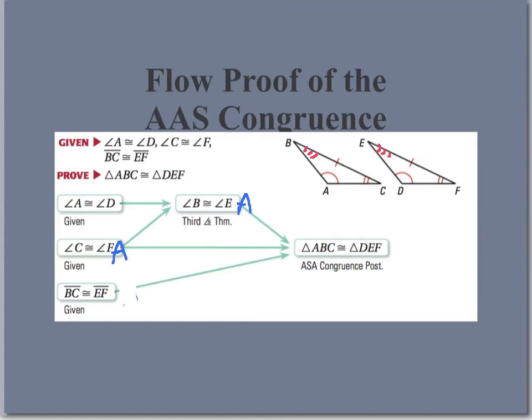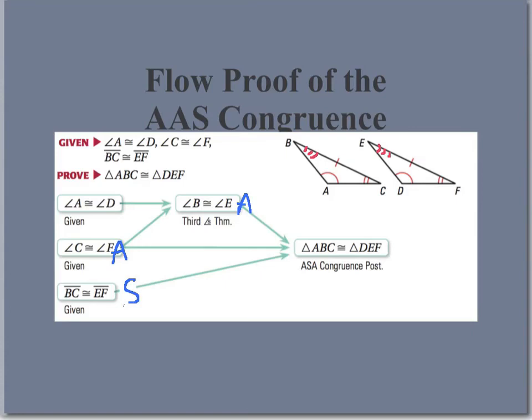We have an angle, a side, and another angle. Okay? So we have now angle, side, angle. So we have just proven that those 2 triangles that originally had angle, angle, side marked are actually congruent using angle, side, angle. We got that third angle, so now the side that was given is an included side, and we can use ASA.